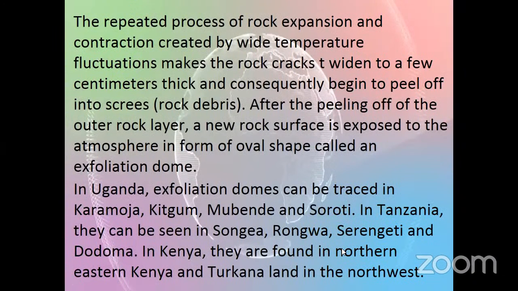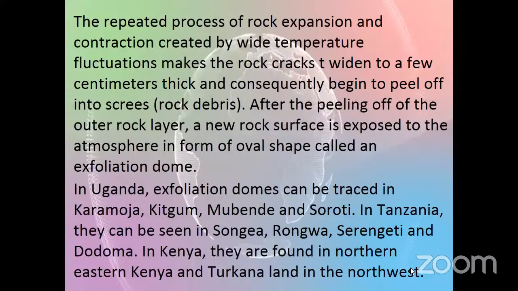So you can continue here. The repeated process of rock expansion and contraction created by wide temperature fluctuations makes the rock cracks widen to a surface centimeters thick and consequently begin to peel off into scree, rock debris.